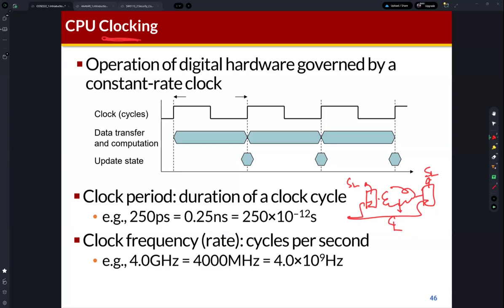Which means that the data from this combinational logic is sampled at the rising edge or falling edge of the clock signal. Okay. So actually, you need to understand the clocking, the clock signal.